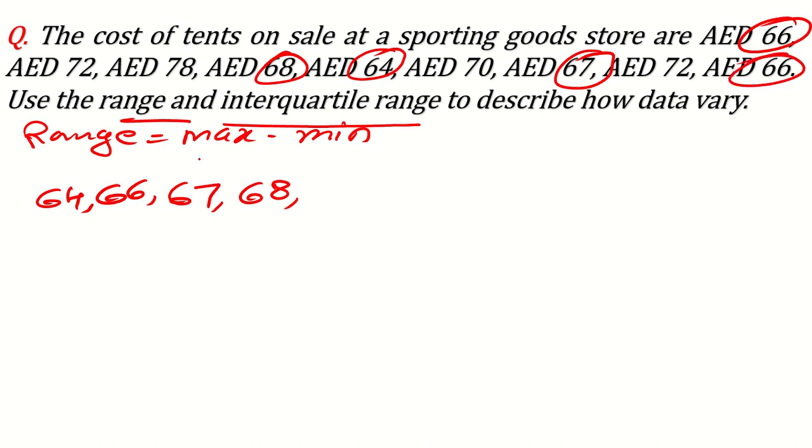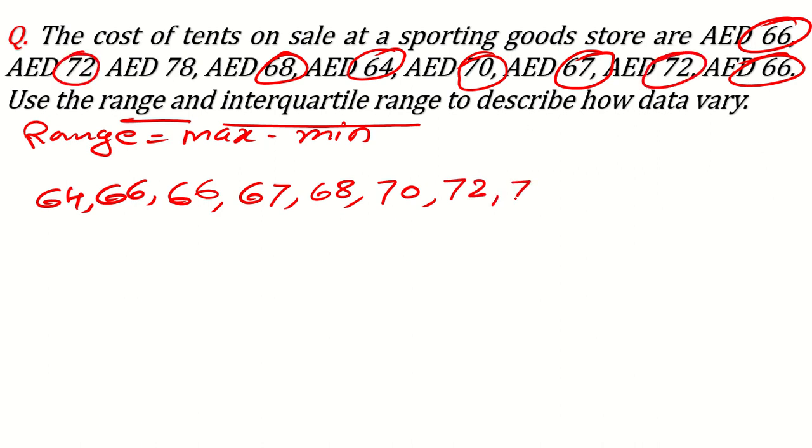We have 2. So here it will be 66, here 67, here 68, and then do we have 70 directly after this? Yes, 70, and then we don't have 71, we have 72 two times, 72 and 72, and after that we have only one number left, 78.